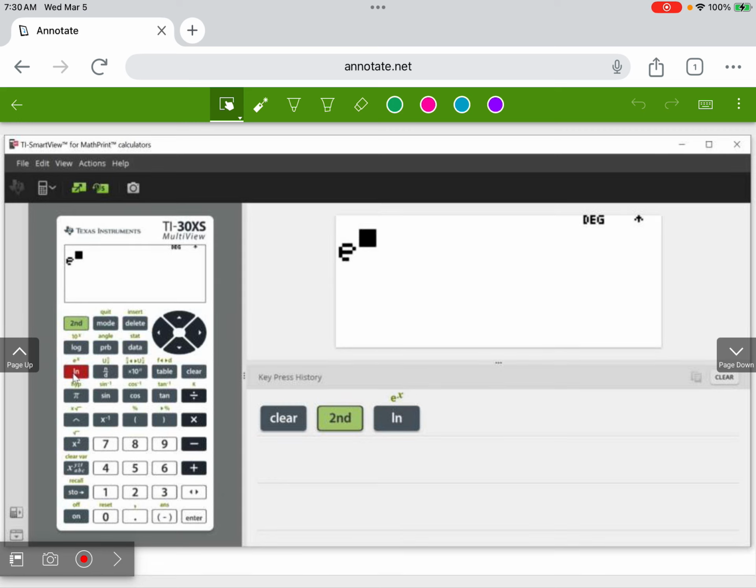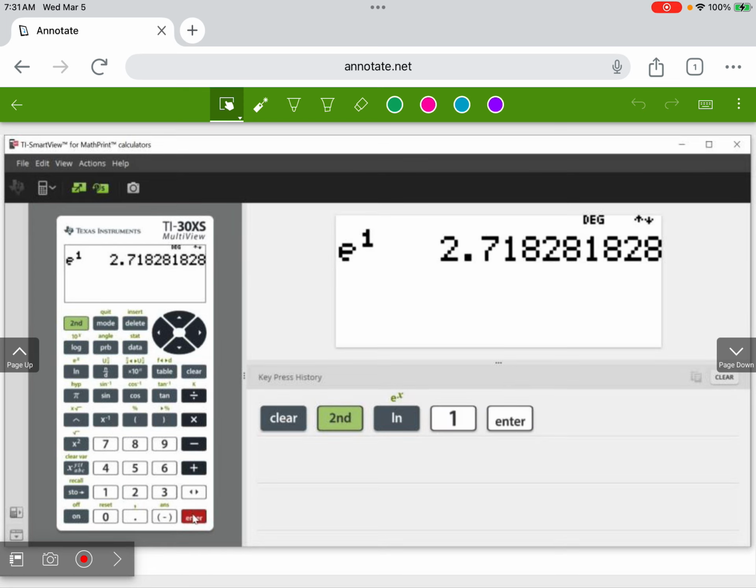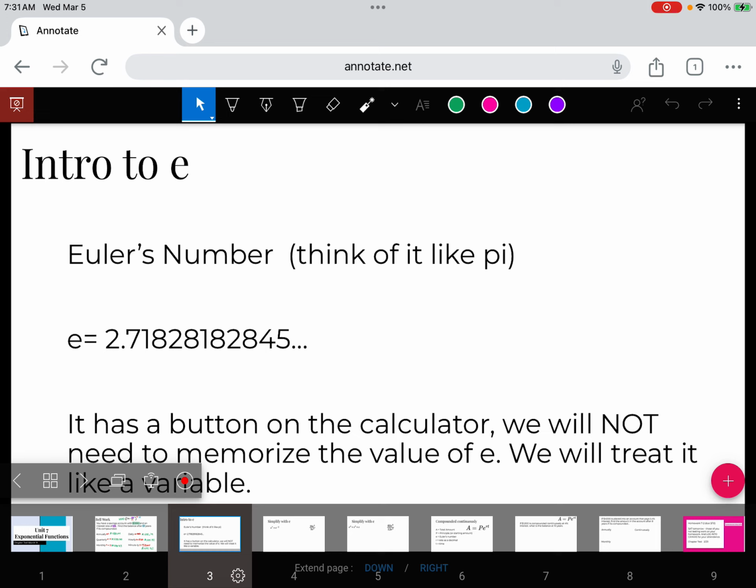It pops up an e. It's always going to put us up into an exponent because e always works with exponents. But if we want to see the value of e, we can just do e to the first. That spits it out. We are very rarely going to just work with e all by itself unless we are simplifying, in which case we don't need the calculators, or it's going to have an exponent, in which case we're going to type in whatever exponent we have. So it's a button on the calculator.